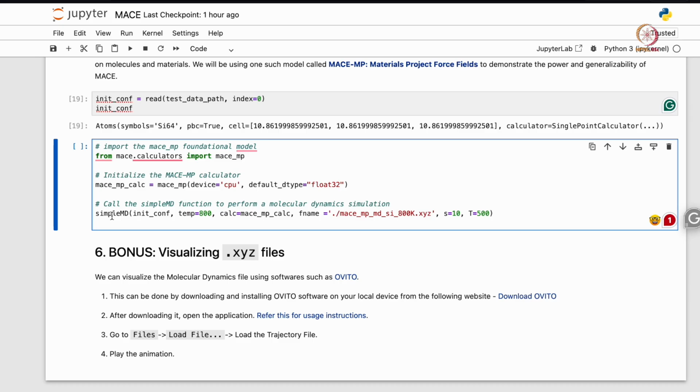Similarly, we again call this function simplemd. The inputs to this will be the initial configuration and temperature. This time the calculator is the Maze foundation model and not our trained potential. The data will be saved in this, and again we will run it for 500 steps and print every 10 steps. So let's see how this evaluation runs.